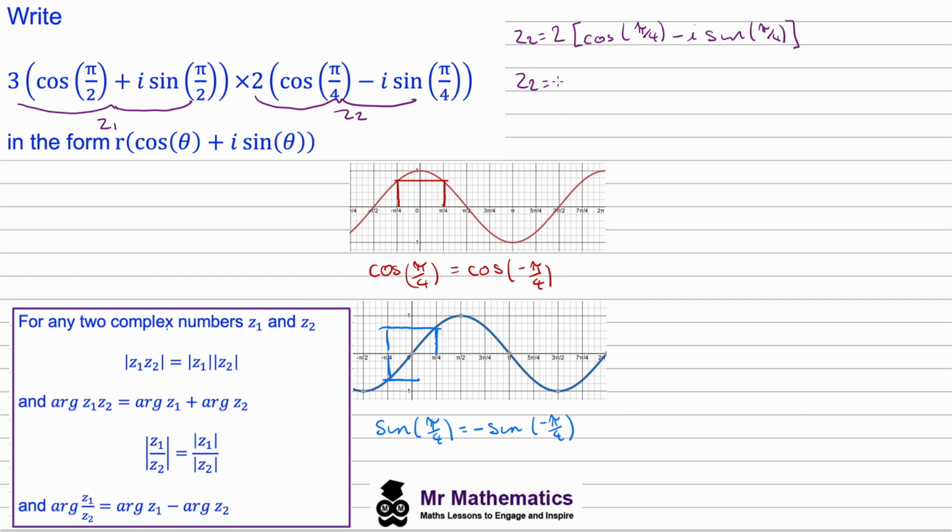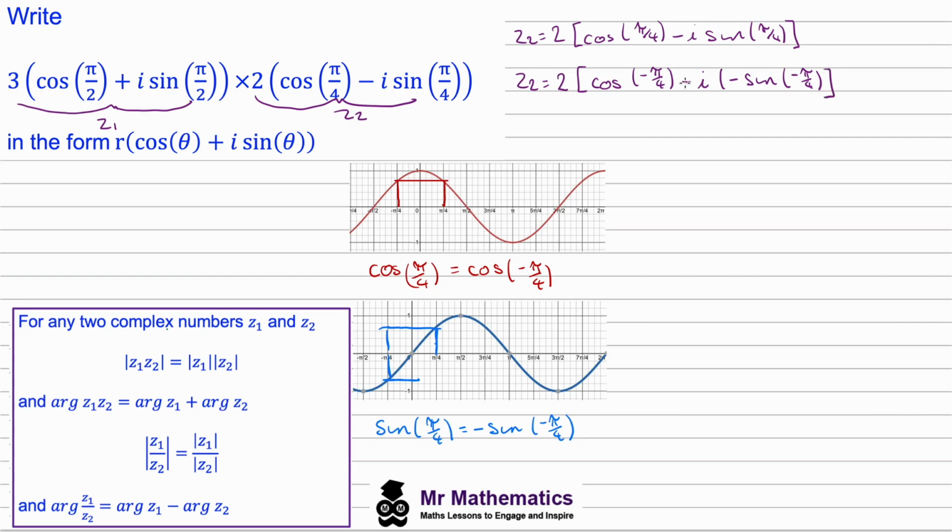Z2 will be 2 lots of cos of pi over 4, which we know is cos of negative pi over 4, minus i times the sine of pi over 4, which is exactly the same as negative sine of negative pi over 4. So I'll put this in brackets: negative sine of negative pi over 4, and we'll close that bracket.